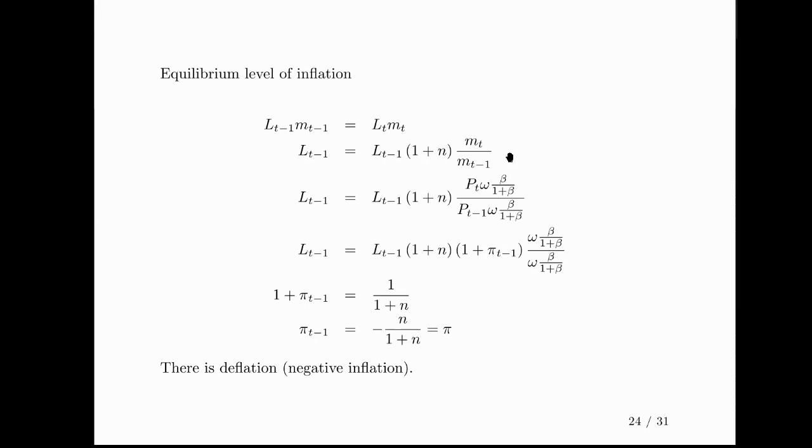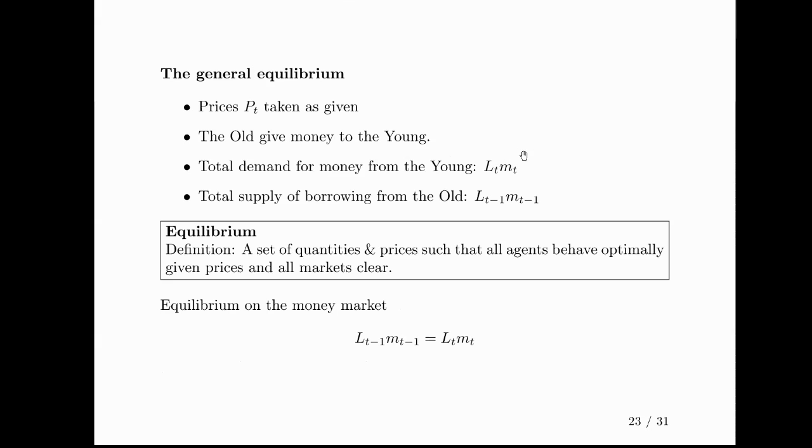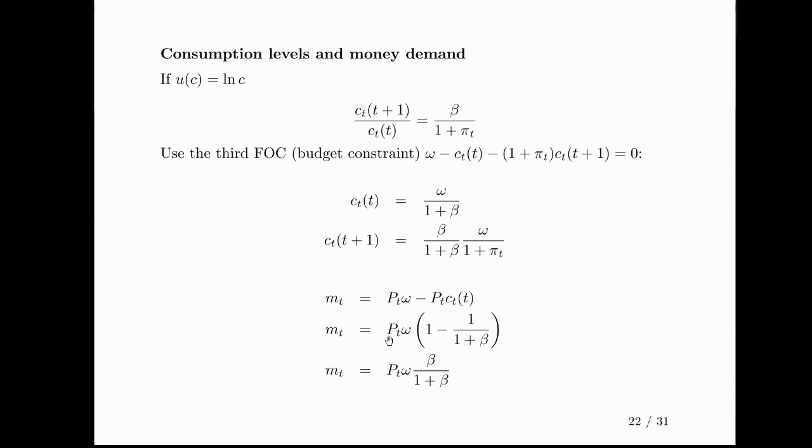And then what I can do is use what I just computed here. M_t is equal to p_t omega beta divided by 1 plus beta. And I know that M_{t-1} is going to be p_{t-1} times omega, which doesn't change. It's a constant, people always produce the same amount per person, times beta over 1 plus beta.